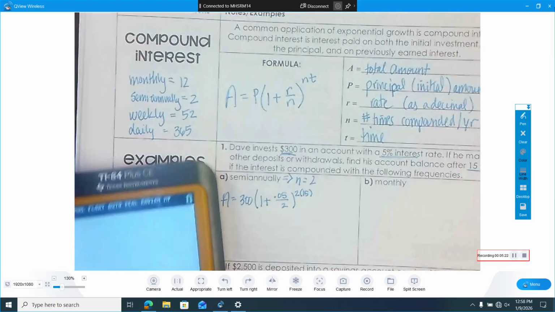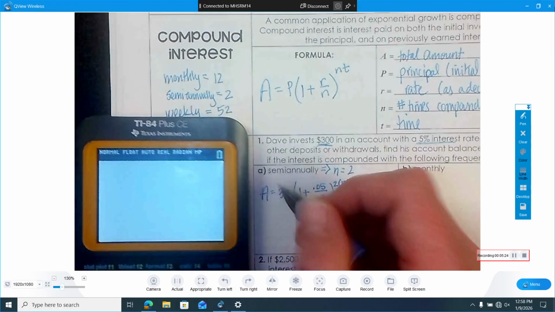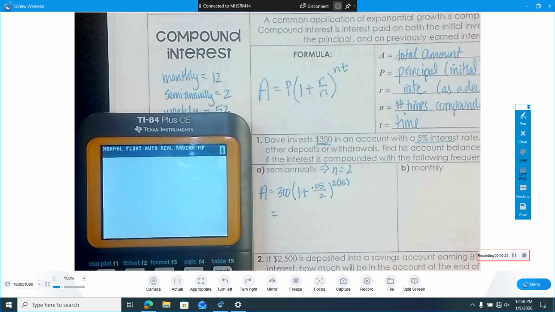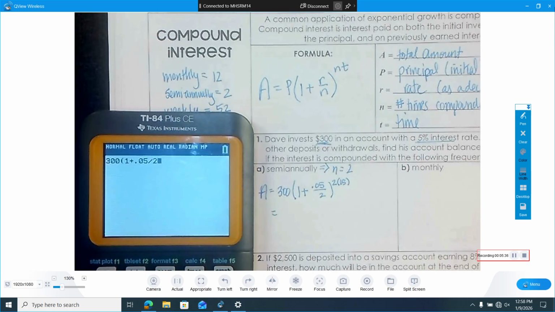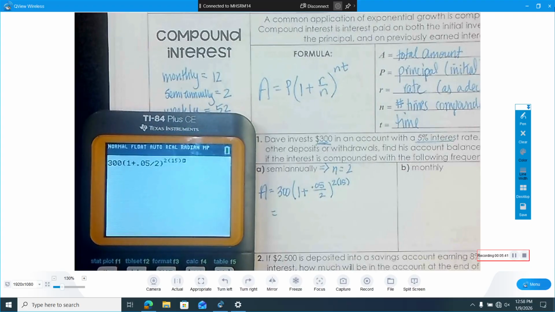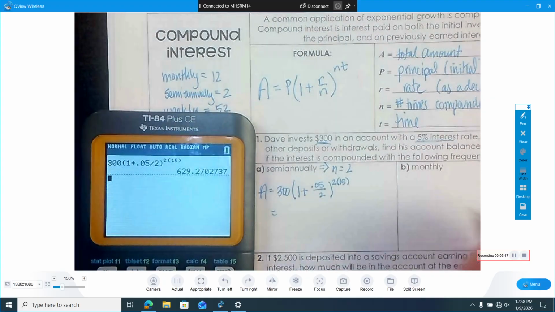I personally just like plugging it all in at once. All right, we got calculators. This is always done on a calculator. So as long as you use parentheses, you will be good. So I have 300 times the quantity 1 plus 0.05 divided by 2, and then raised to the 2 times 15. And so you can see you can get it all in on one nice big long line. Super easy.